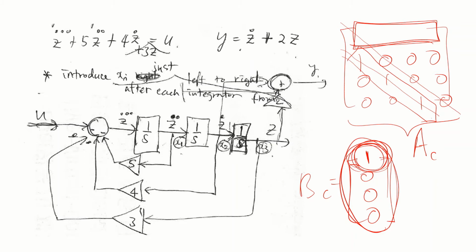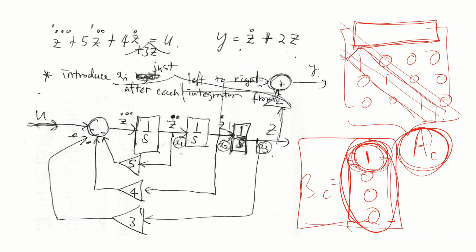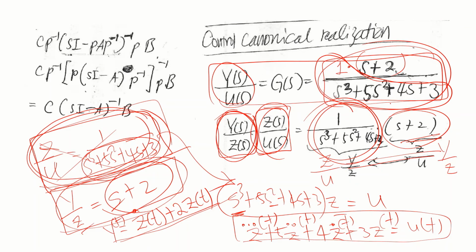When you convert whatever transfer function to a state model in control canonical form, you are going to get a B matrix which has exactly the 1, 0, 0, 0 structure. And if you look at AC, all the sub-diagonal entries are 1, except basically the first row. The first row is determined by the denominator polynomial.